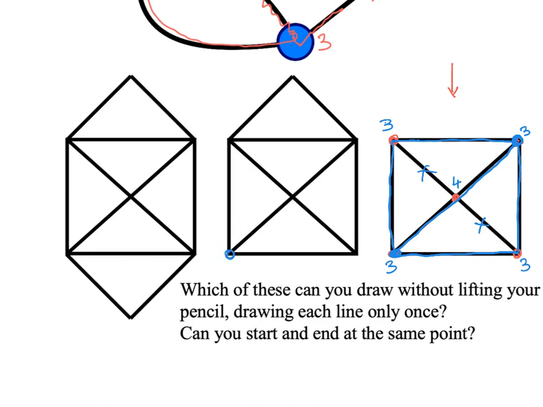How about this diagram here? Let's say we represent this diagram also as a graph, and this time we have a degree of 4 for these vertices, we have a degree of 2 here, we have a degree of 4 here. So far it's looking good, but then we have these 2 vertices with an odd degree, and by the same argument we cannot have an Eulerian cycle in this graph.